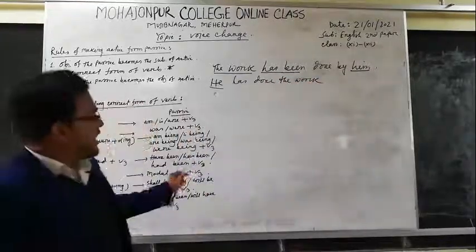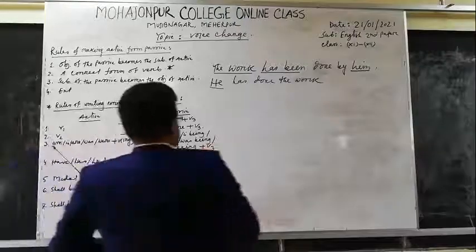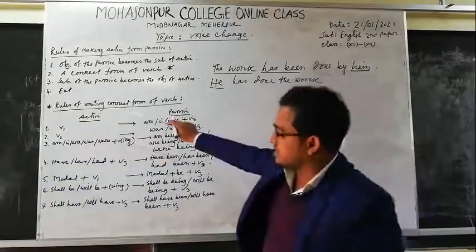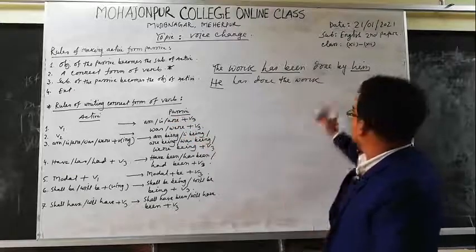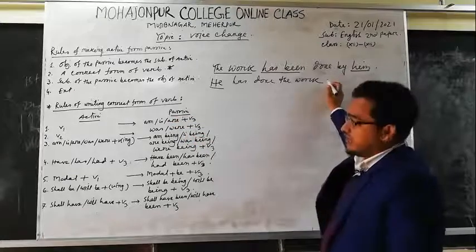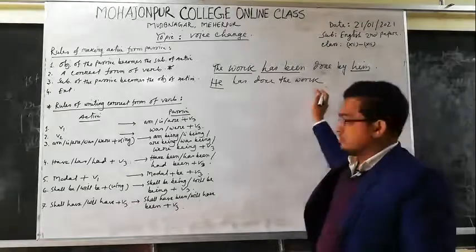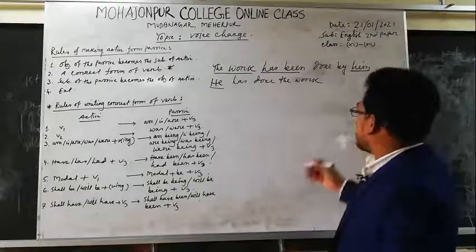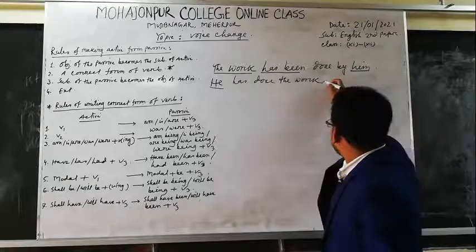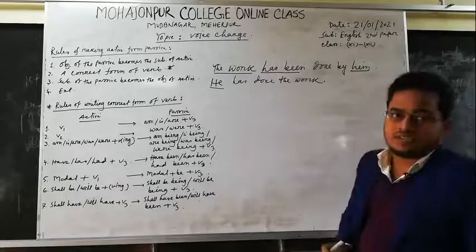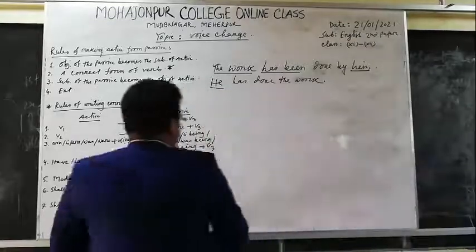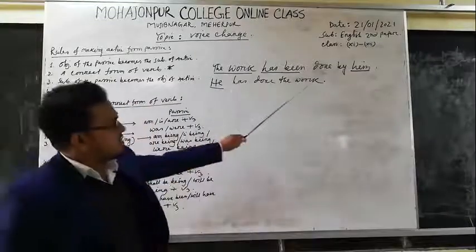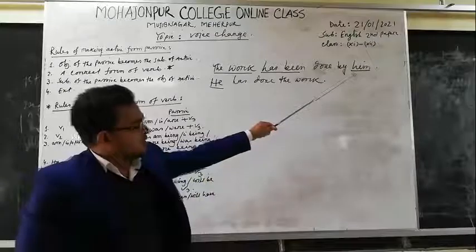Okay, he has done the work. So dear students, if there is an extension in a passive voice, then we have to write that extension here, but there is no extension here, so we can put a full stop.